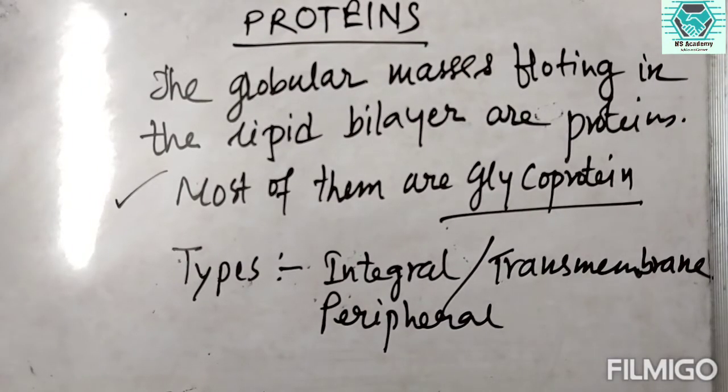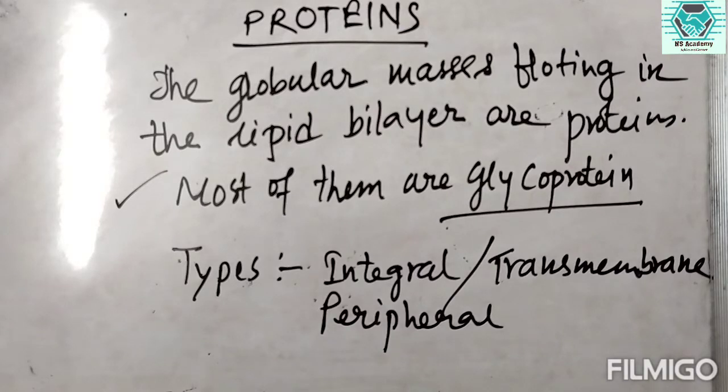Now another important portion of the cell membrane are proteins. So after lipid having the major quantity in the cell membrane structure, then come the proteins. The membrane proteins are actually globular masses which are floating in the lipid bilayer, and most of them are glycoproteins.